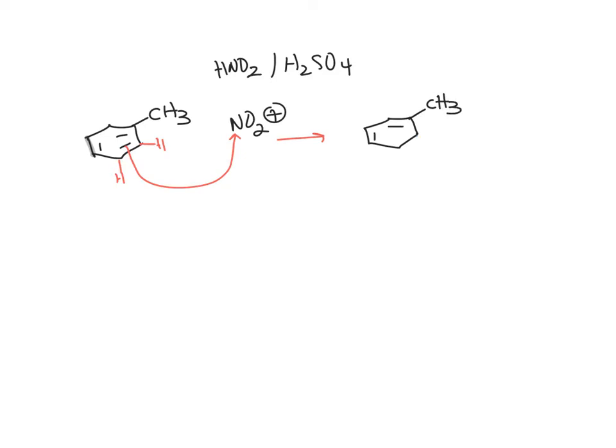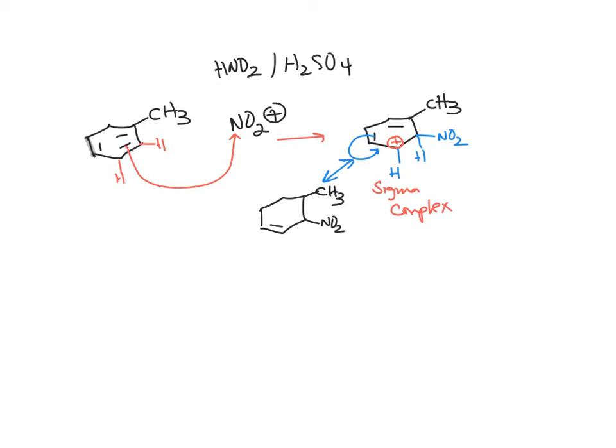So if we do this ortho, we put the NO2 here, and we put our sigma complex there. Now let's do our resonance structures. So these electrons go here. Now we have our sigma complex there. And we can do this again.